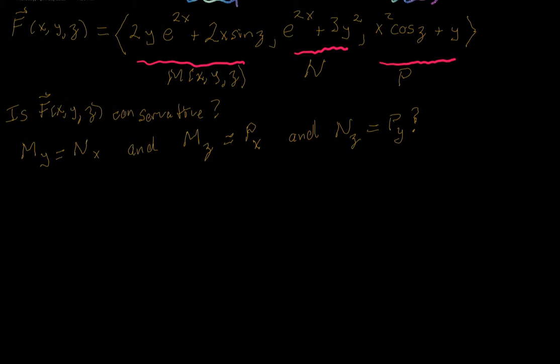And so we need to determine, well, what is the y partial derivative of the first term? You know, what's going on with this first term up here? And the y partial derivative of that first term is going to be 2 times e to the 2x. And there's no y's in the second part here. There's no y variables here.